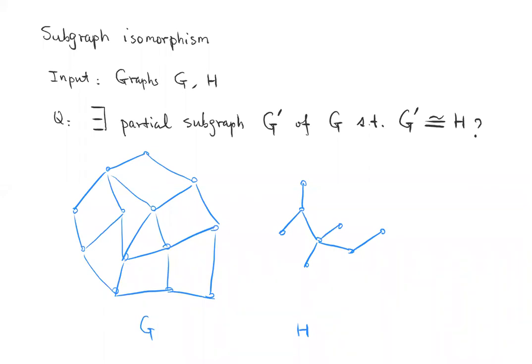Whether you can find some edges in G which are exactly the same as H. Here exactly means isomorphism. So these 2 graphs are isomorphic, having the same structure. Okay, graph isomorphism.